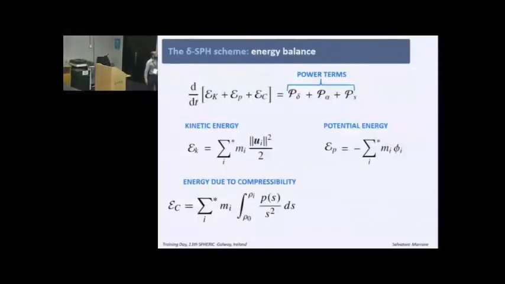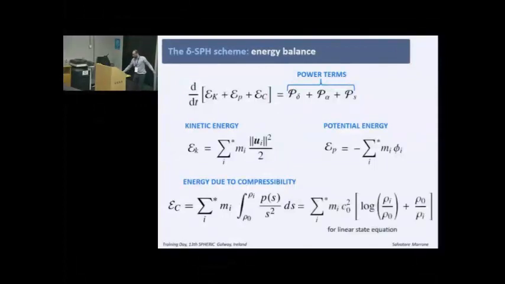You can calculate the kinetic energy as the sum of the kinetic energy of each single particle, and the same you can do with the potential energy and the compressible energy, that for the linear state equation is simply a function of the density of the particle. Okay, this is the energy of your system of particles.